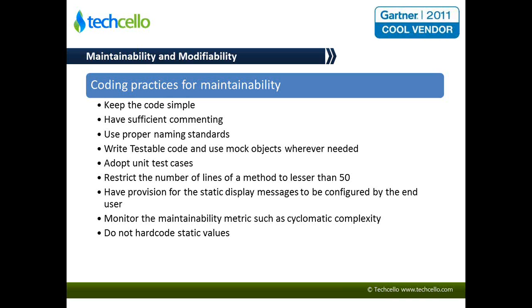Take static messages outside and make them configurable, because one common change that happens in a product is for the display messages to be different, right? So it's better to have them externalized so that the code need not be touched every time.